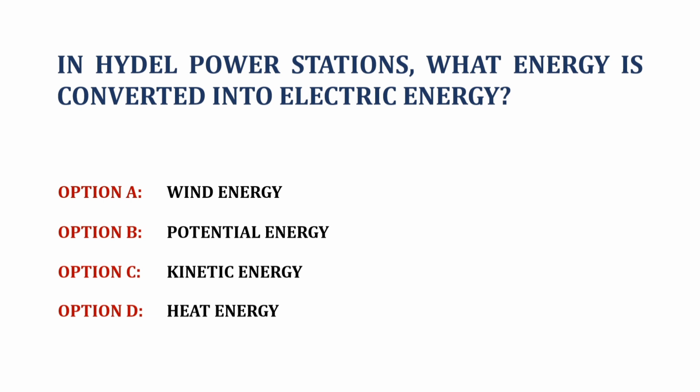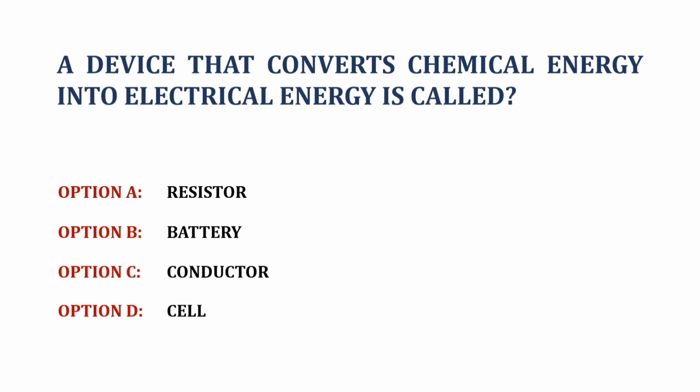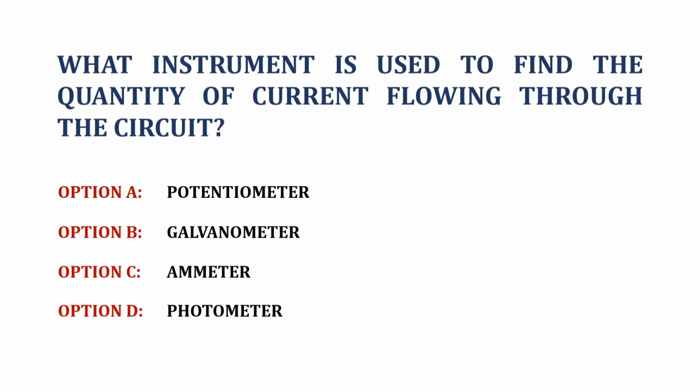In Hydel power station, what energy is converted into electrical energy? Option C, kinetic energy. A device that converts chemical energy into electrical energy is called option D, cell.